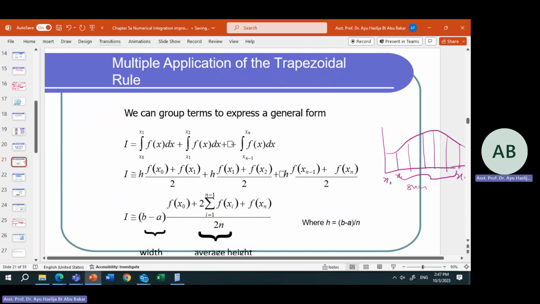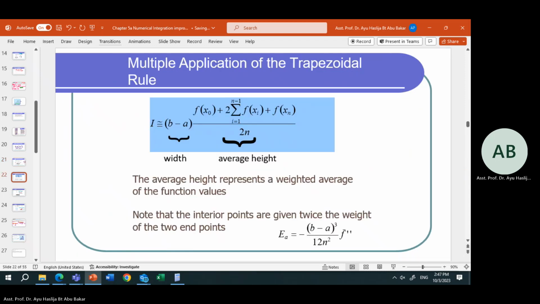Okay, when you have n segments, the overall equation of multiple application, this is the overall equation. B minus A multiplied by fx naught, the first area, plus the intermediate area, then plus the final area. Let's say you have up to n. This is x naught.